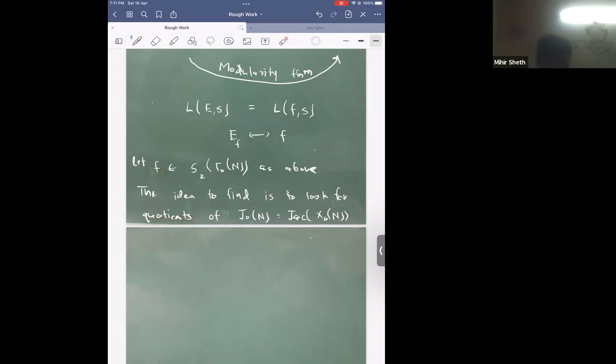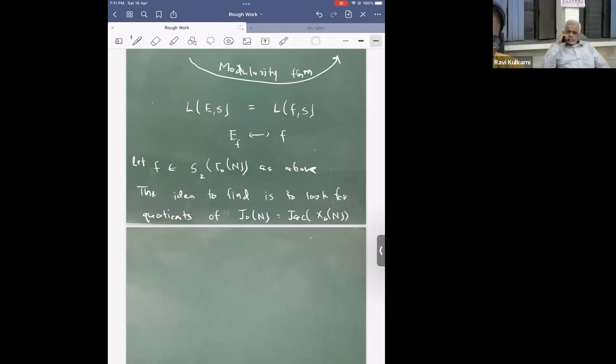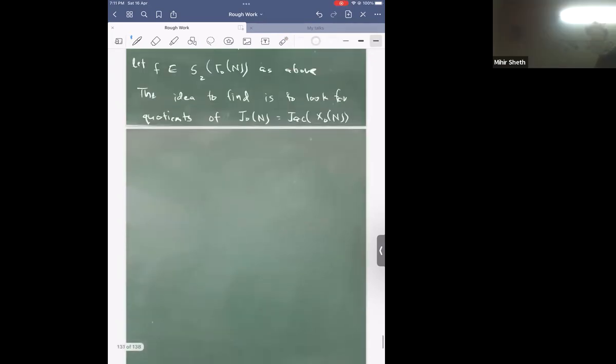Okay, so now let me recall the Jacobians first of all. So let's say X is a compact Riemann surface.